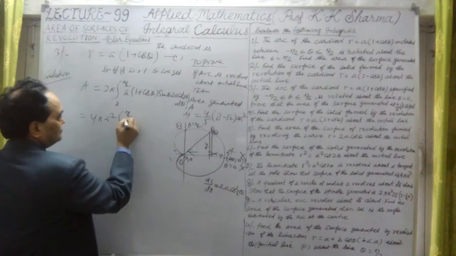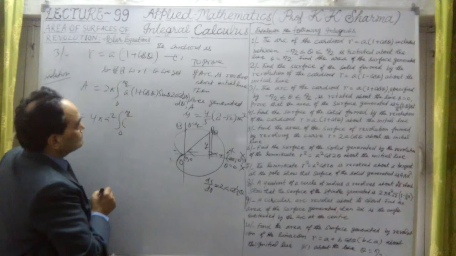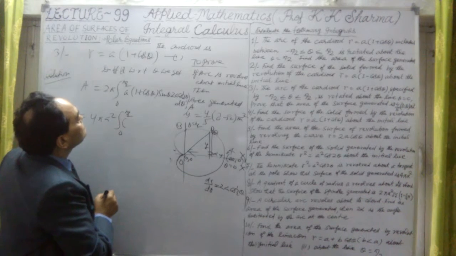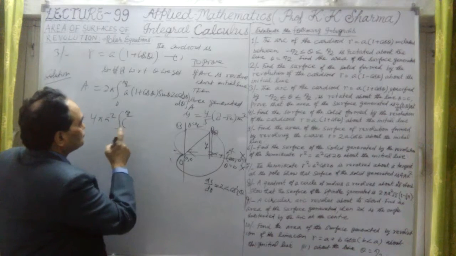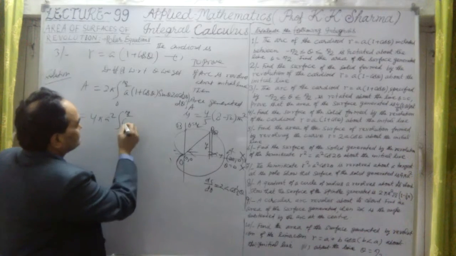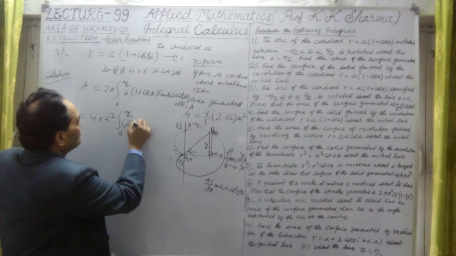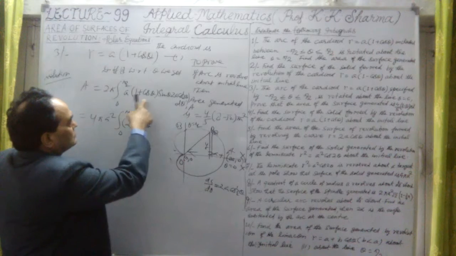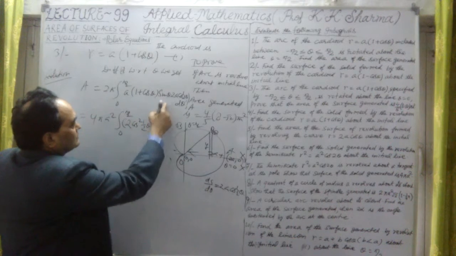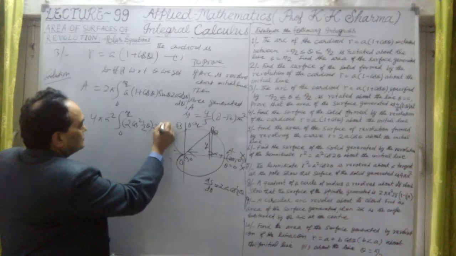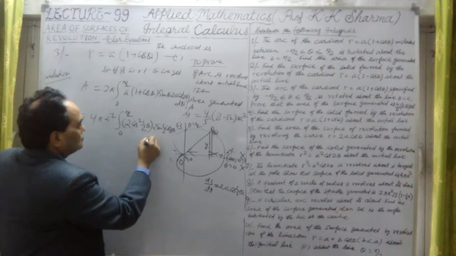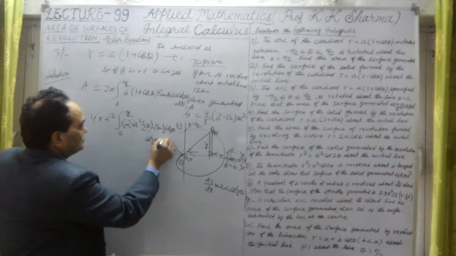This is 1 plus cos theta. Again 1 plus cos theta is 2 cos square theta by 2. It is 2 into cos square theta by 2. And sin theta is also 2 sin theta by 2 into cos theta by 2, into cos half theta into d theta.